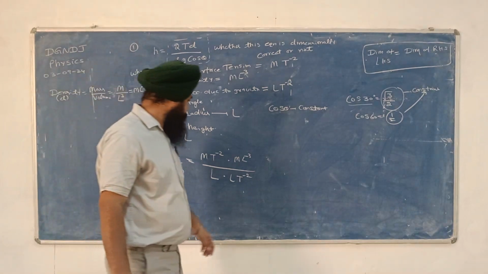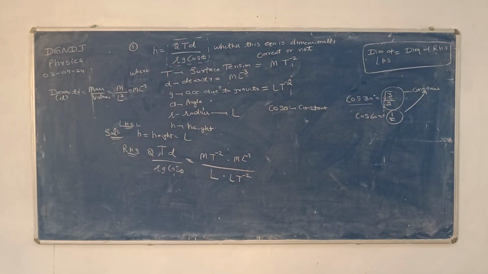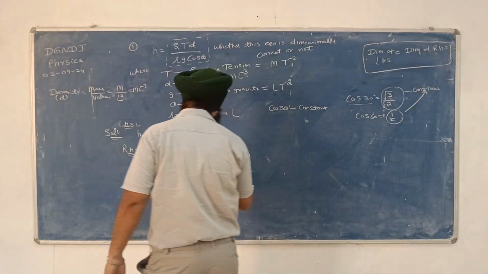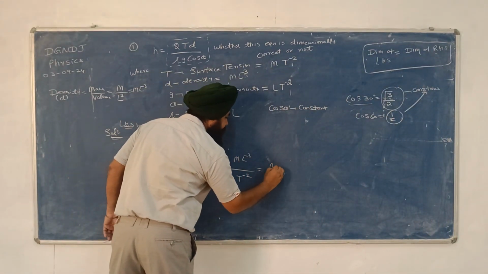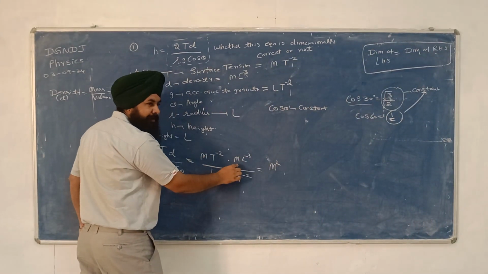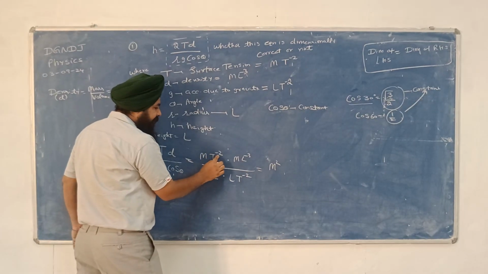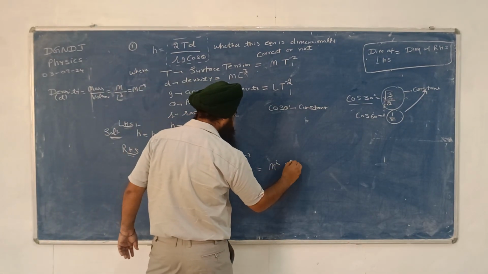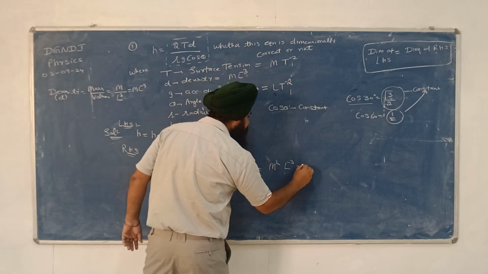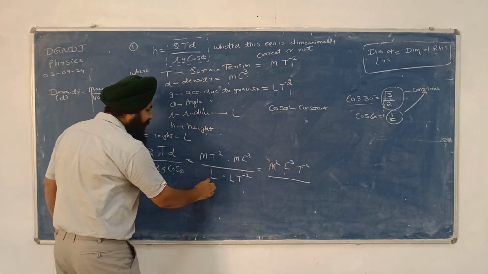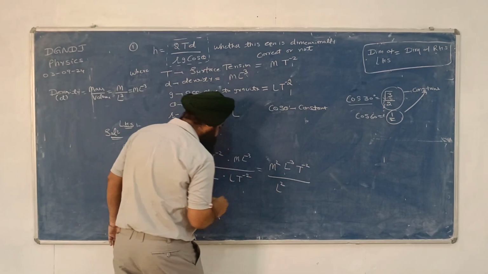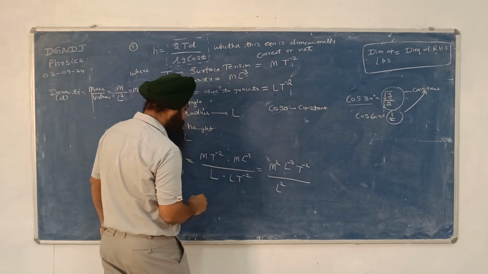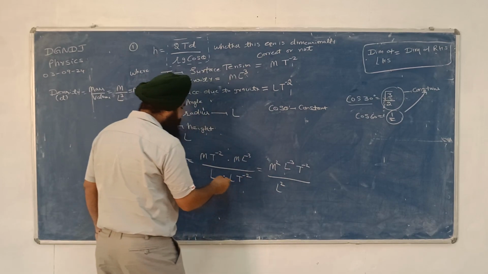सही कर रहा हूं मैं? ठीक है. Now see, M into M, M square. M into M T minus 2. This is L minus 3 T minus 2, divided by L into L square into T minus 2. ये यहीं पे कैंसिल कर देते हैं.